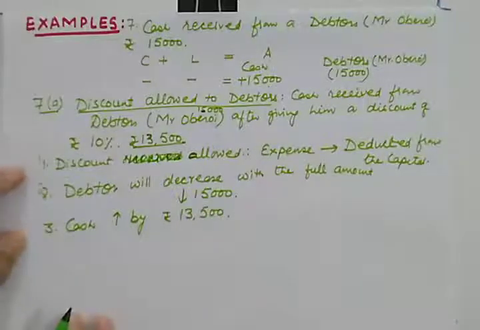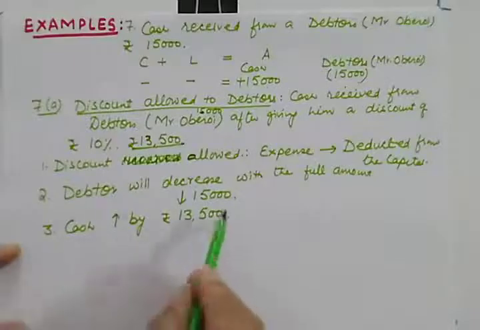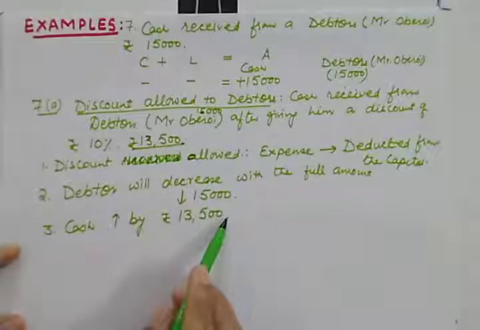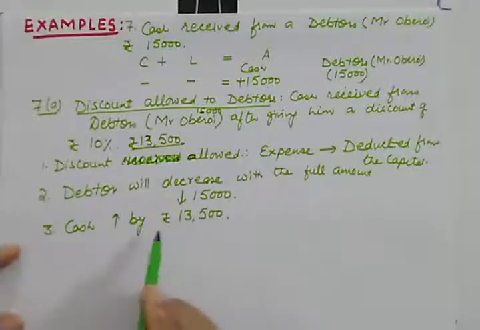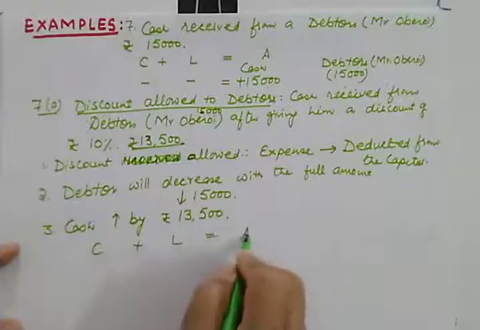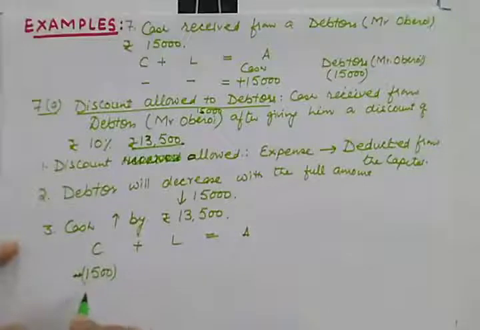So these are the three impacts of this particular transaction. But even if the impacts are three, this is not going to affect the equality of the accounting equation. See how C plus L is equal to A. You will be deducting 1,500, and you can either put a minus sign or you can put the bracket, and you can mention this is your discount allowed.